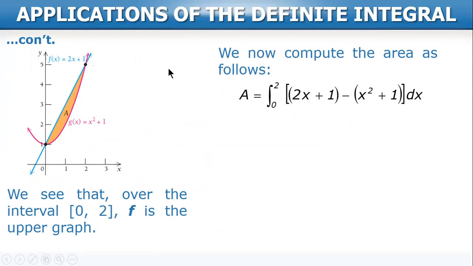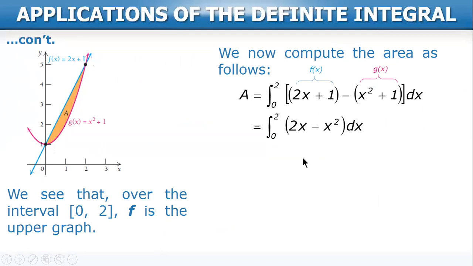Okay, this is f of x, 2x plus 1, minus g of x, x squared plus 1. So this is f of x and then g of x. And so you get the antiderivative. Simplify, the 1 is cancelled, 1 minus 1. So 2x minus x squared.